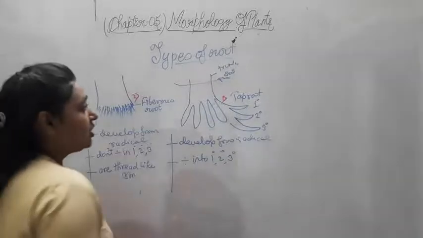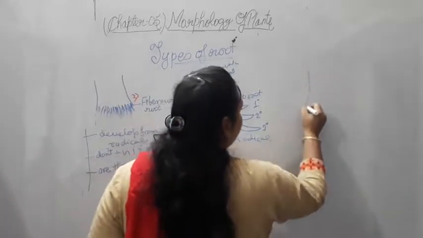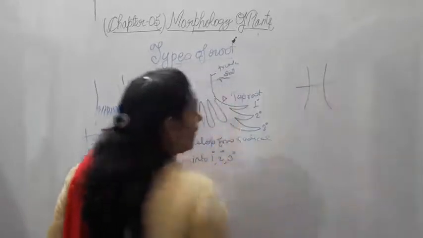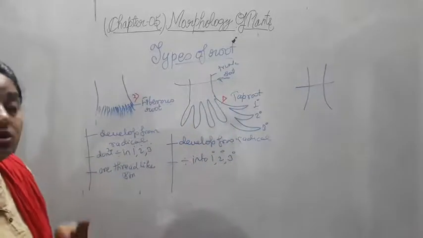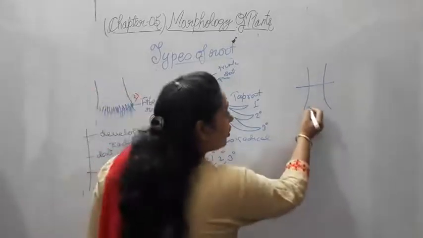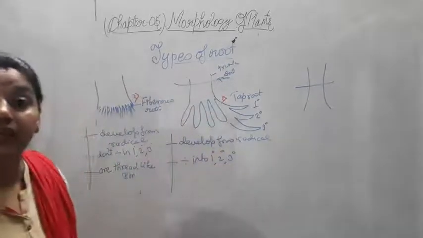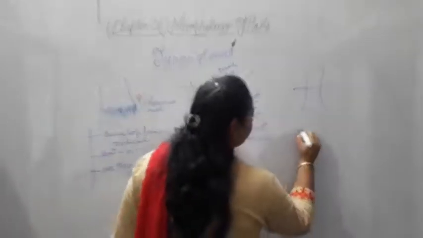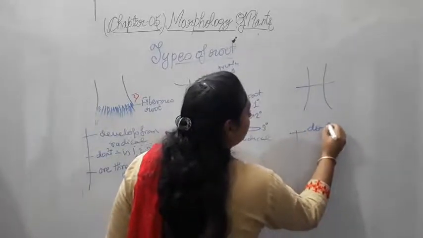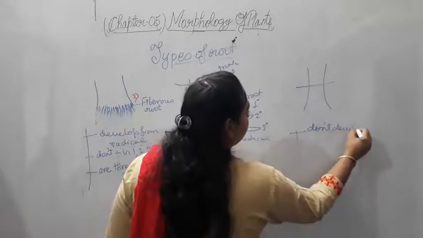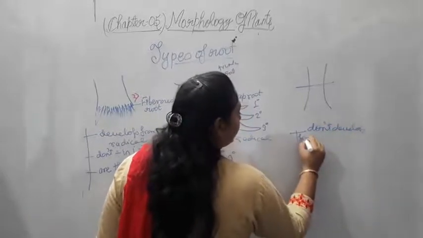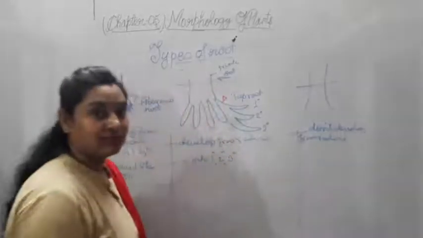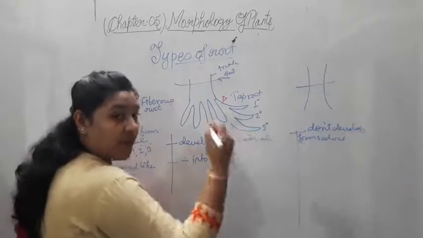Okay. So this third type of root is here. This root actually does not show growth from the radicle. They don't develop from radicle. Amazing, right? What happens?